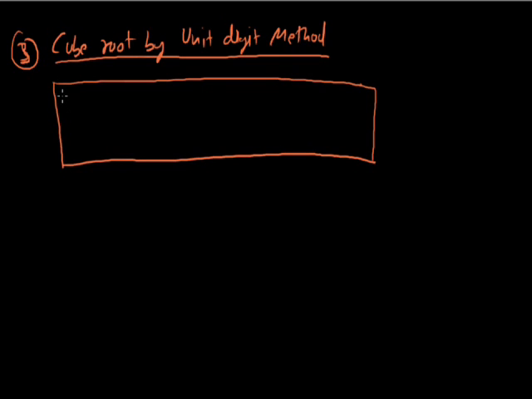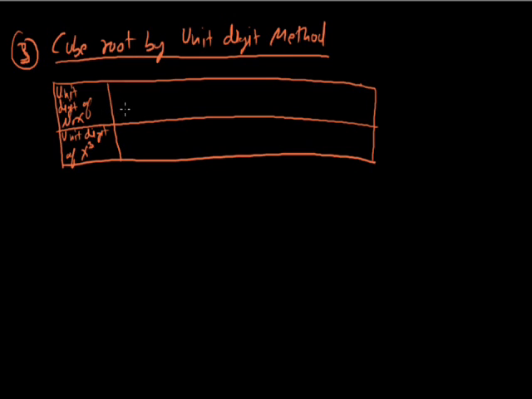So here it is the unit digit of the number x, and here the unit digit of x cube. We have to make the two columns.